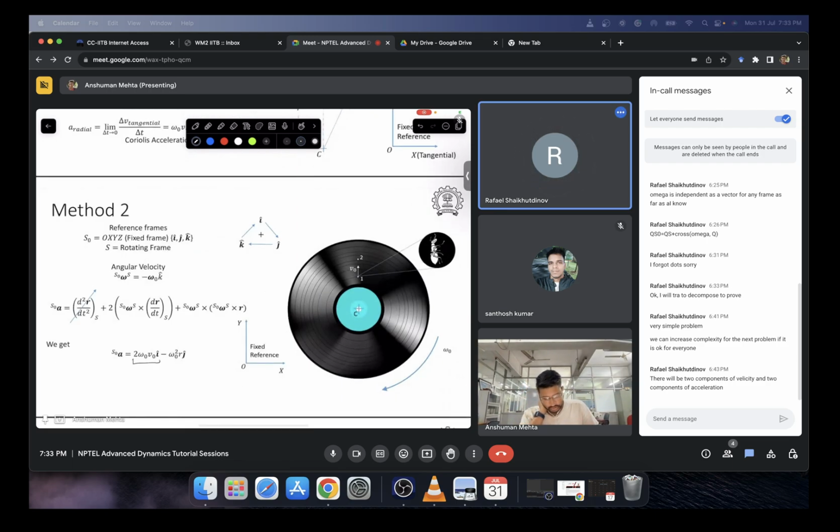So this is our correlative, right? Can you imagine this V naught? This V naught is actually the constant velocity, and omega naught is also a scalar.